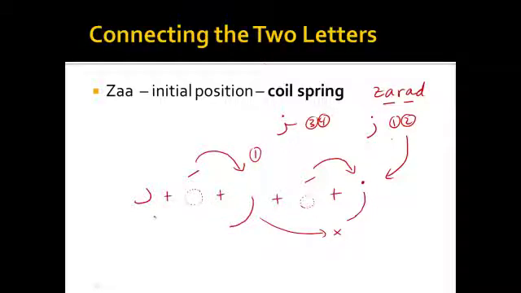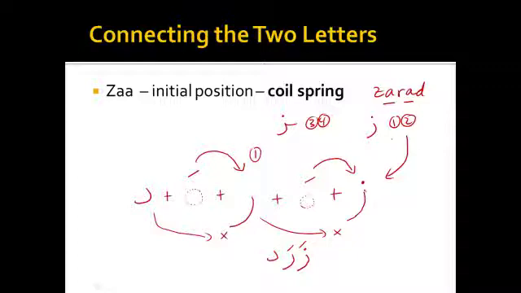Now, the dal, it connects to what comes before it, but the ra doesn't connect to what comes after it. So we can't, again, connect the dal to the ra. So this is all going to look like this. Zarad. And zarad means spring or coil.